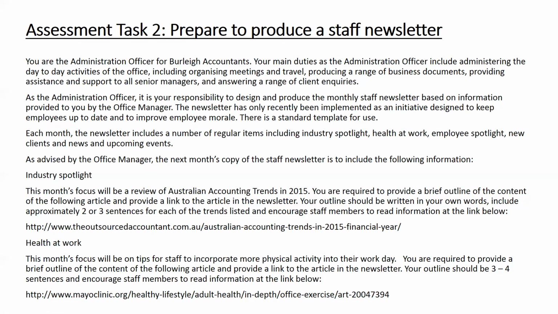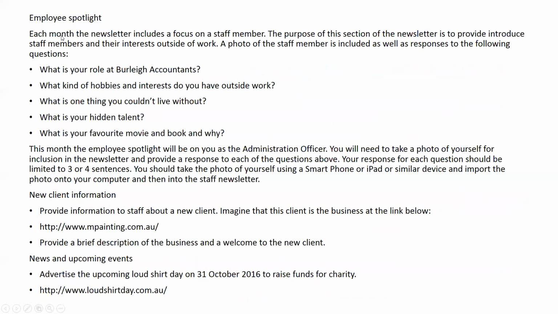So as advised by the office manager, the next month's copy of the staff newsletter is to include the following information. These are some headings, and under these headings, you have to maintain this stuff. So let's not talk about the main headings, because I think you can do it. It's not that hard. This is the employee spotlight.